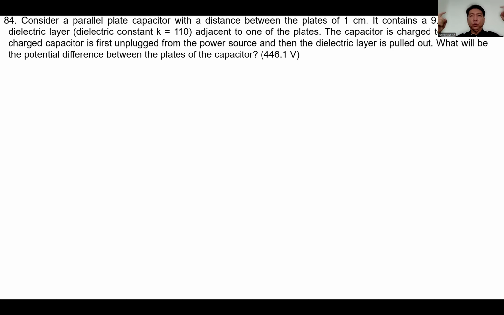Okay, so there is no charging mechanism here. So the only conserved quantity is the charge on those plates. And then in this case you're going to pull the dielectric out, and then we need to find out the potential difference between the plates of the capacitor.